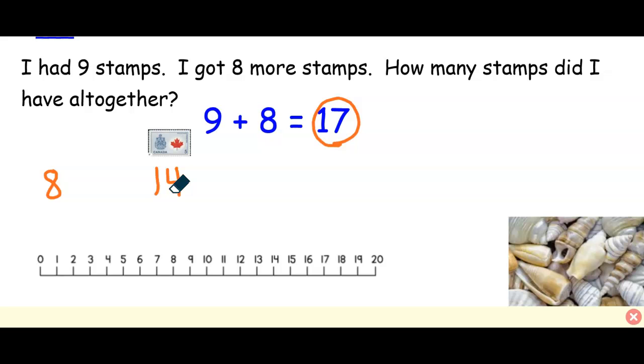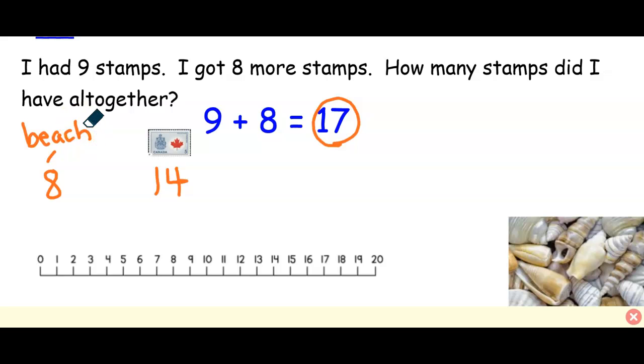So my question is, how many children are gathering shells in the water? So we have 14 children gathering shells all together. I have 8 children, and it's important to know what each of these numbers stand for. I have 8 children gathering shells on the beach.